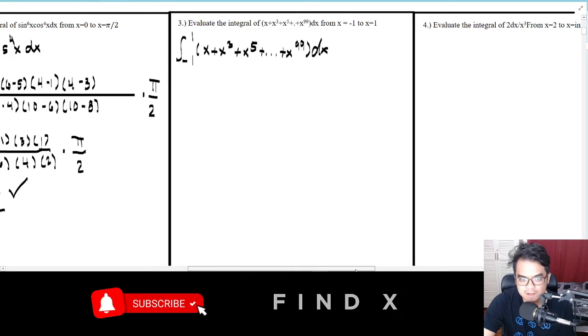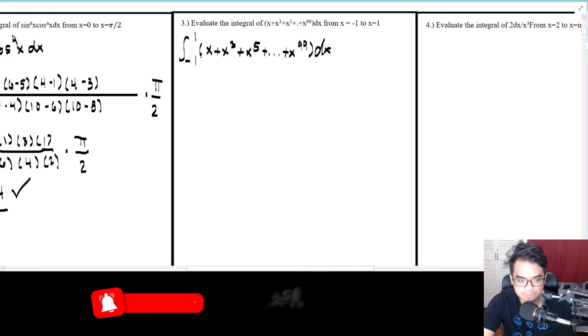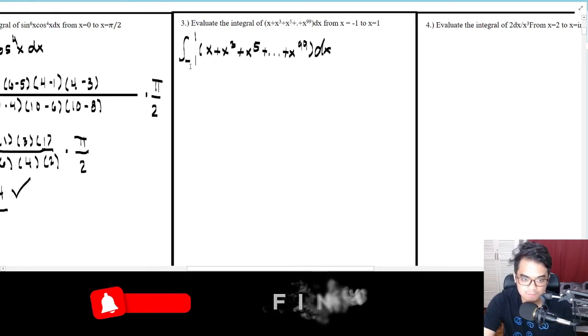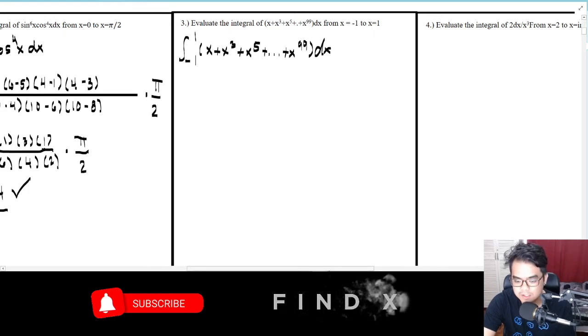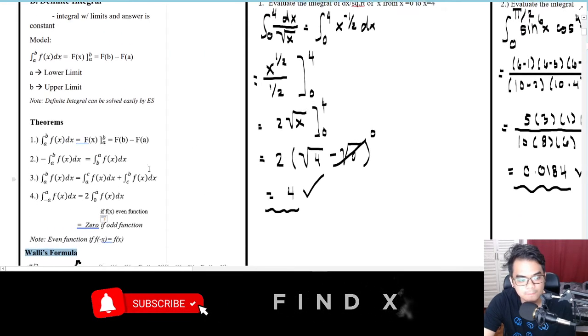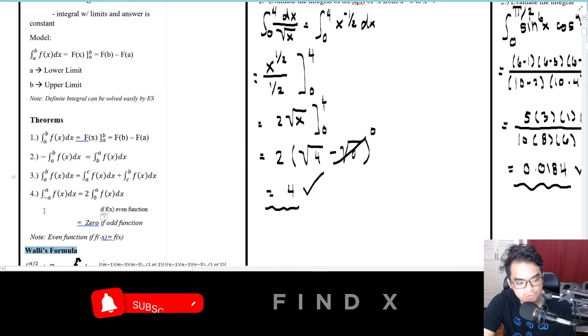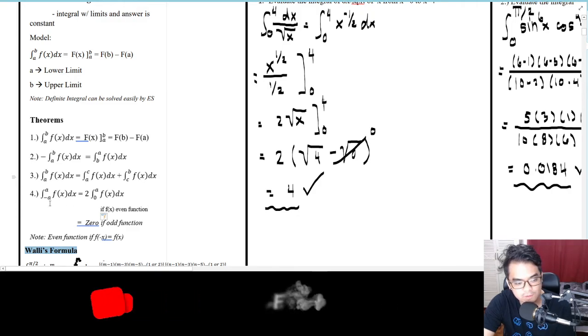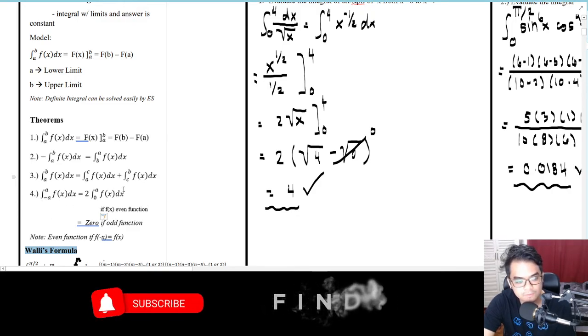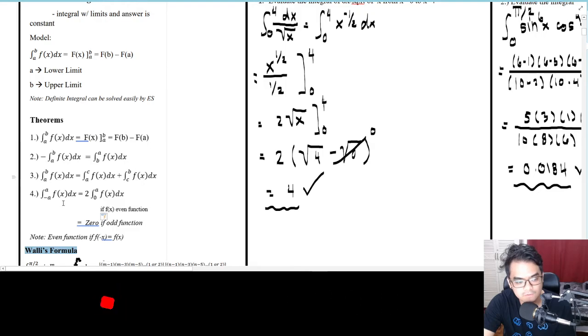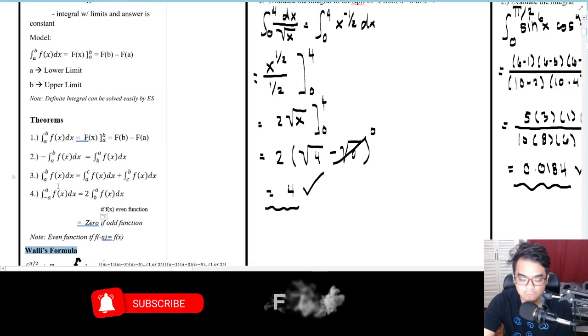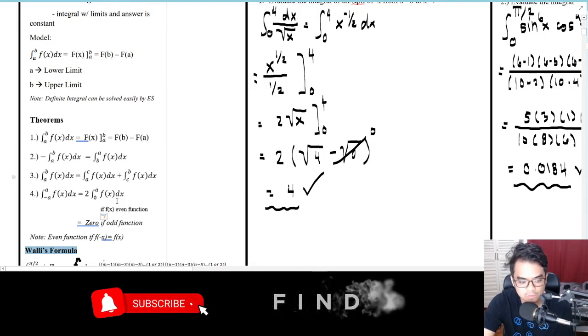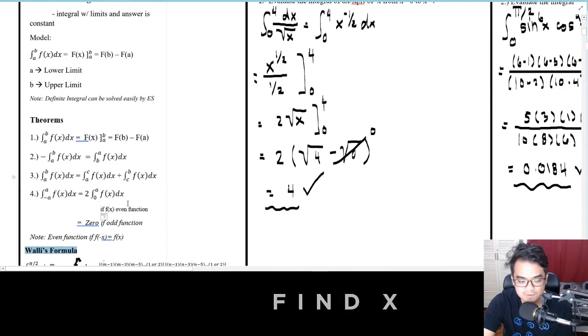If that is an odd function, and as you can see the limits are negative 1 to 1, you can actually apply the fourth theorem. Using the fourth theorem, the integral of negative a to a, which is negative 1 to 1, of f of x dx is equal to 2 times the integral of 0 to a, provided that it is an even function.